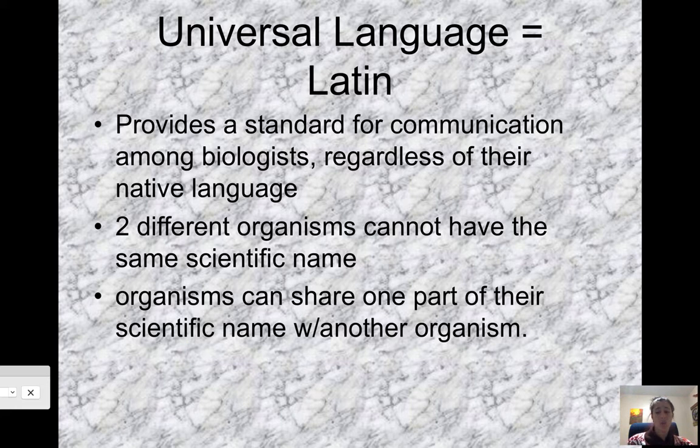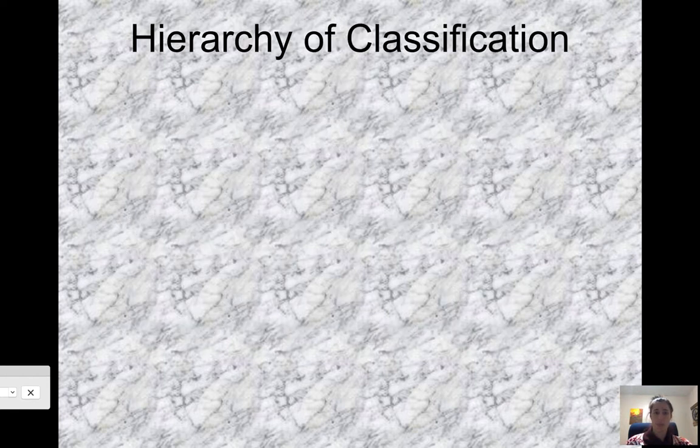They can share part of their name with another organism. For example, Quercus alba is the white oak and Quercus falcata is the southern red oak. They share the same genus name, but not the same species name, which indicates they're different species in the same genus.